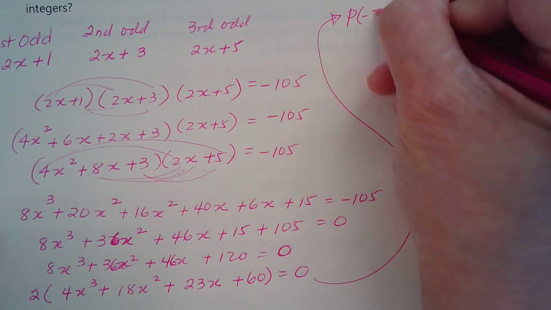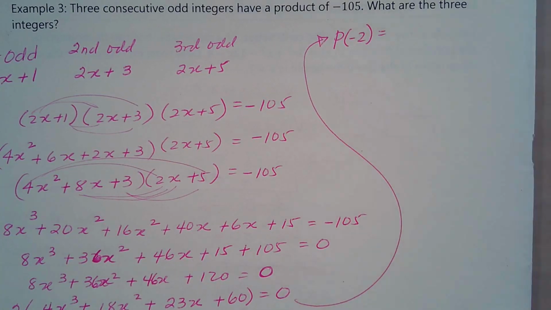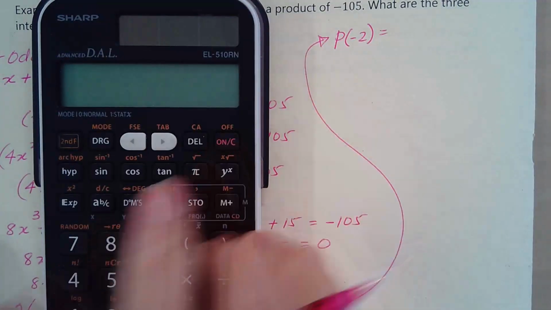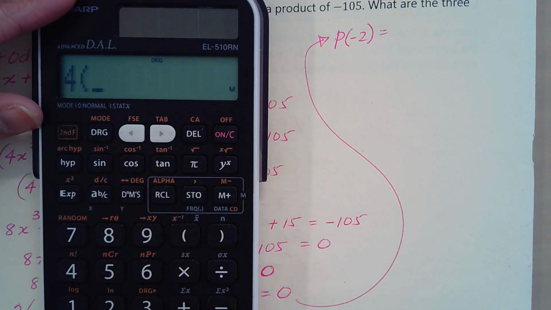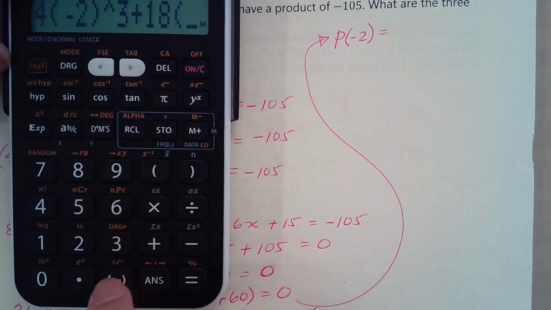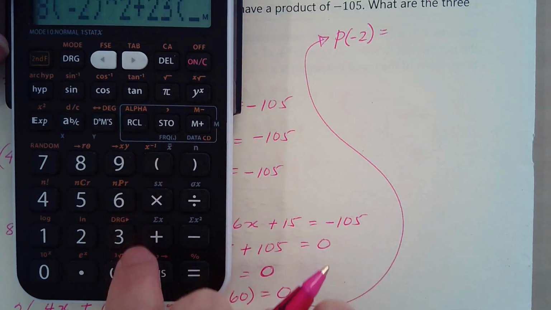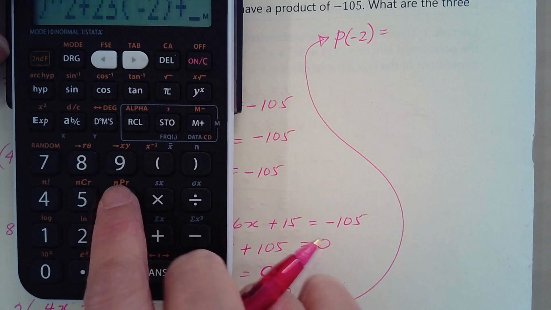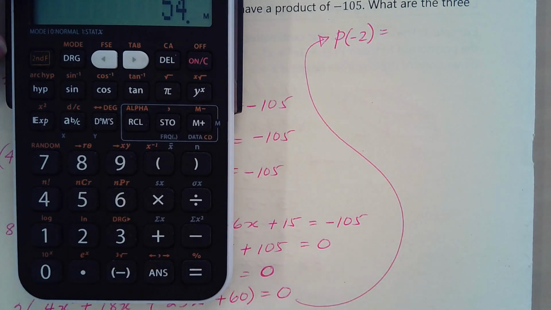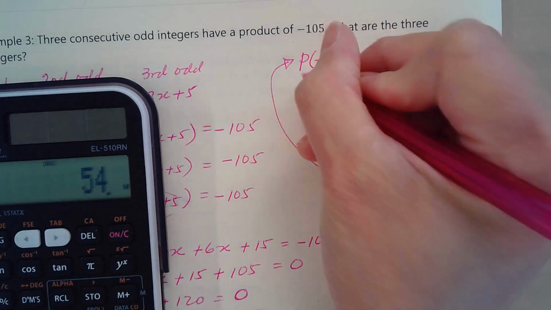P of negative 2, or polynomial, negative 2. What does that equal to? I got a not 0. I got a 54. Okay, so this is not a factor. Okay, what can we try?